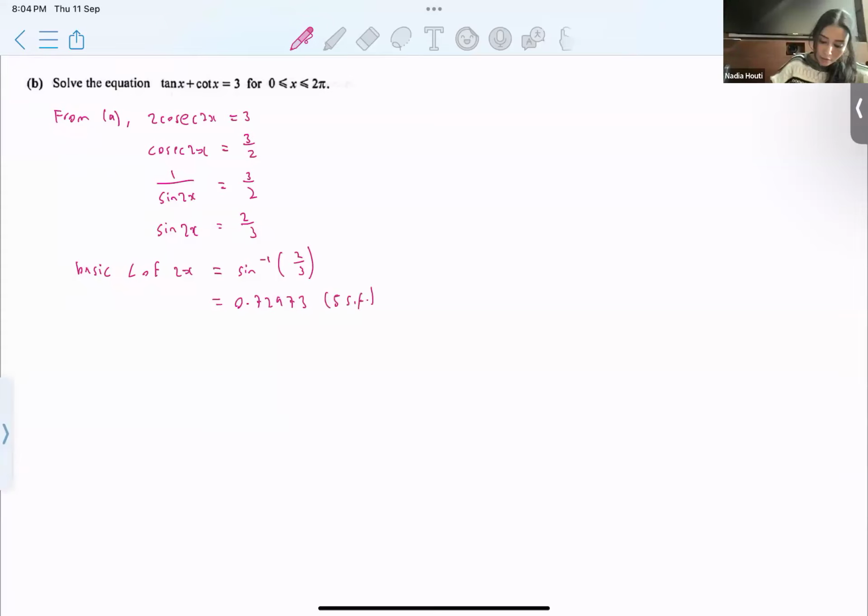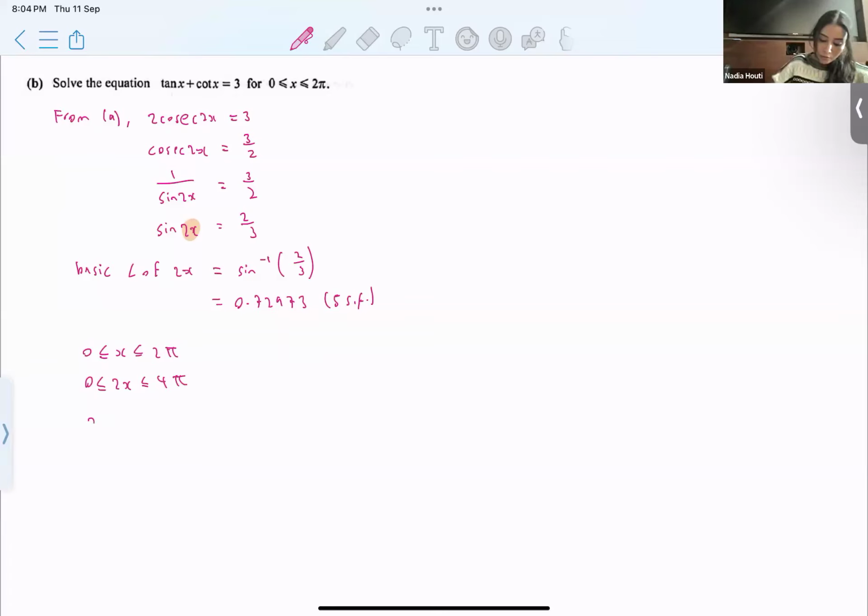And we know that the range they gave us was 0 to 2 pi, right? Because now our angle that we are handling is 2x, recall, this is 2x, we must change our range as well to 2x, which means this will be between 0 and 4 pi.